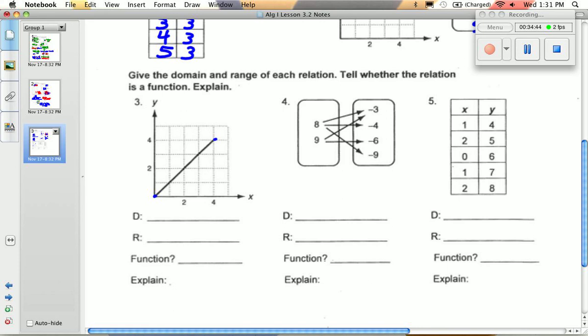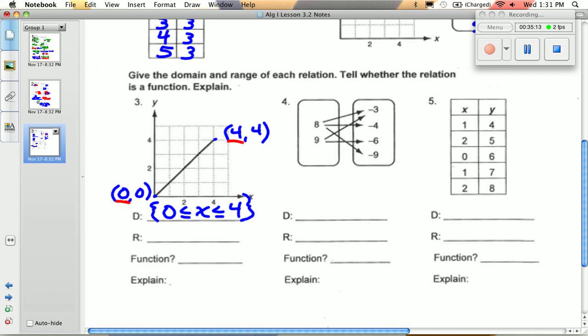This is 0, 0, and this is 4, 4. So the domain is 0 is less than or equal to x, which is less than or equal to 4. I don't want a parenthesis there, I want the brackets. So in other words, what's the smallest x value to the largest x value?